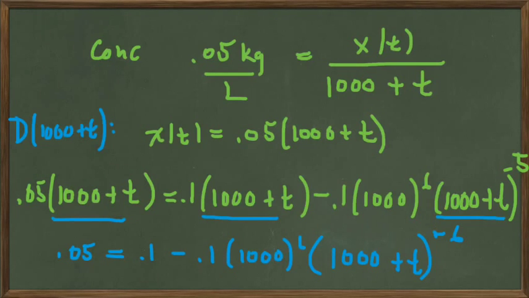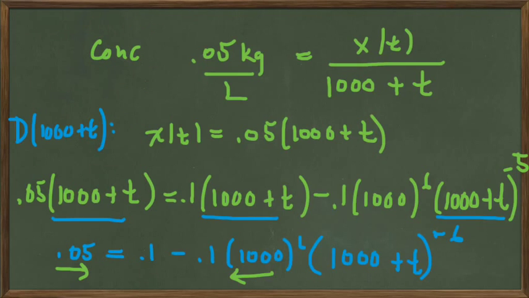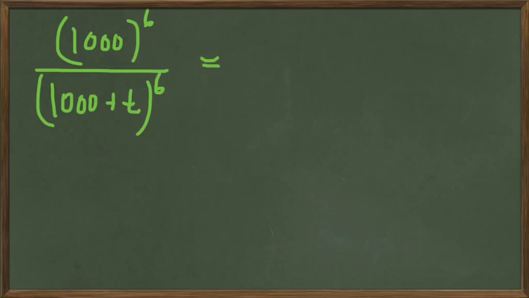Let's move this term over to the left side and move this term over to the right side to get this 1,000 to the sixth. Instead of writing 1,000 plus t to the minus 6, let's write it as 1,000 plus t to the sixth in the denominator. We're moving this 0.1 over, subtracting it from 0.1 to get 0.05.